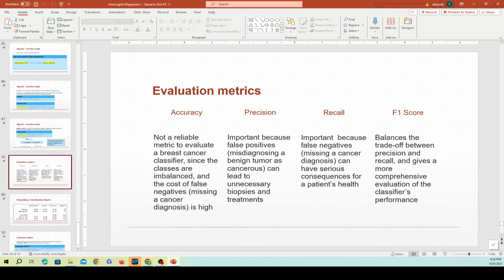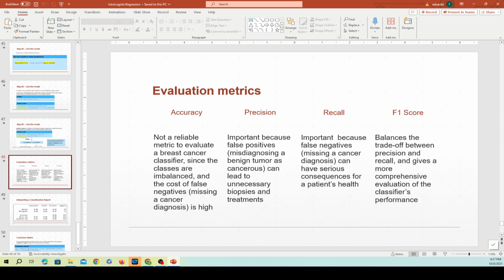And again, the evaluation metrics: the accuracy, the precision, the recall, and the F1 score. The accuracy is not a reliable metric to evaluate the best cancer classifiers, since the classes are imbalanced, and the cost of a false negative, missing a cancer diagnosis, is high. Remember, the accuracy was only meant to determine how good the prediction was. The precision is important because a false positive, misdiagnosing a benign tumor as a cancer, can lead to unnecessary biopsy.